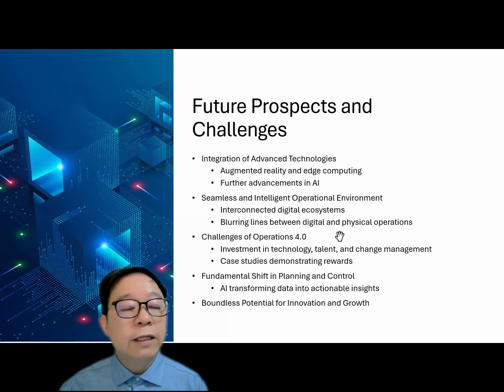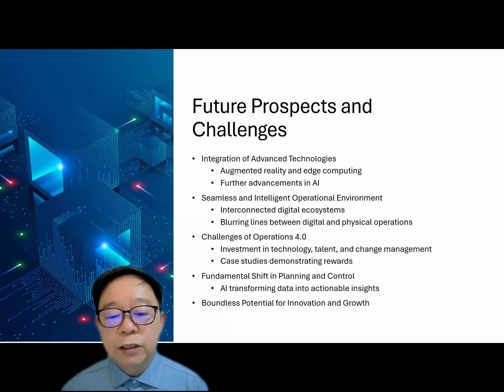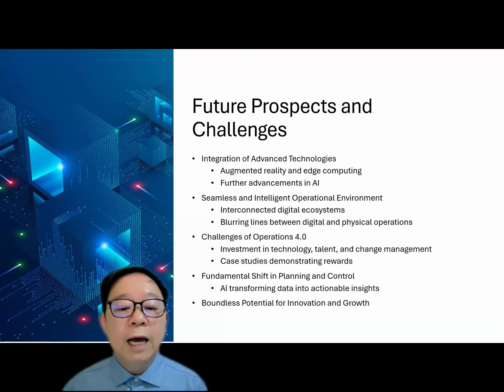But of course, we understand that Operation 4.0 requires quite a high investment cost. You need to have Operation 4.0 talent. That's why we want all of you, after the transformation and the training, to be the Operation AI talents, right? And also able to handle the changing environment.